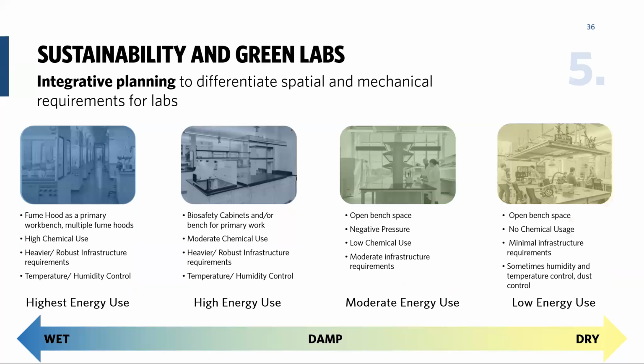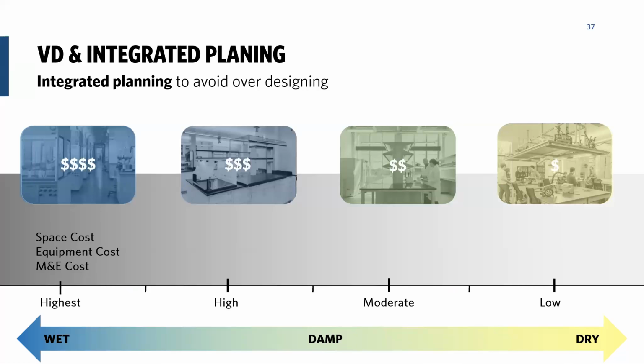And with more labs falling into the dry and damp category, the spaces inherently use less energy. If the mechanical engineers work with the planners and design according to the real needs, there will be a big cost saving in the mechanical scope. With this approach, we save a significant portion of the cost that otherwise would have been spent on an over-designed infrastructure.